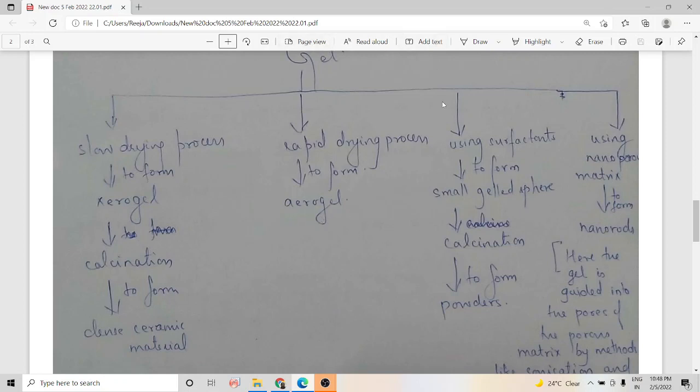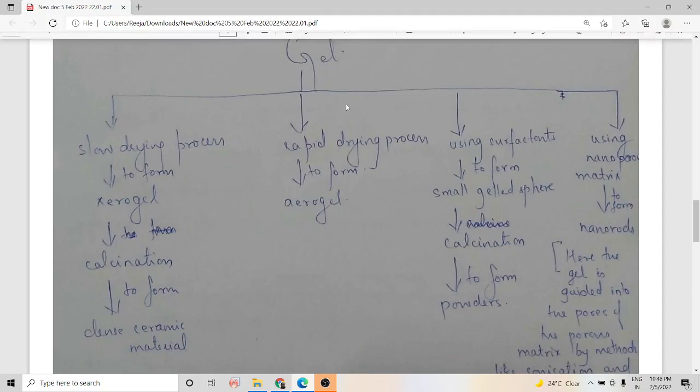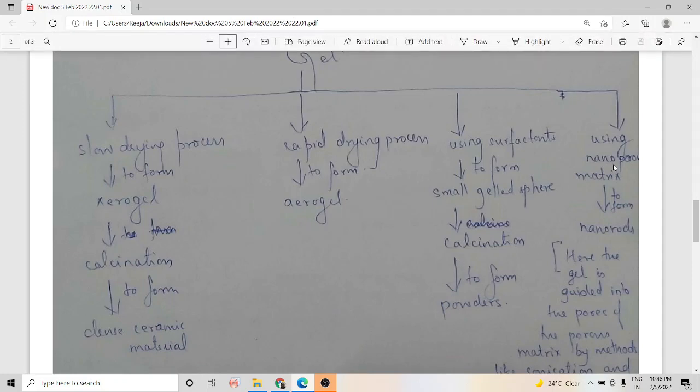This same gel, if we are using surfactants, it can be used to form small gelled spheres, which again on calcination can form nanopowders. Or this gel can also be used to produce structures like nanorods using a nanoporous matrix.